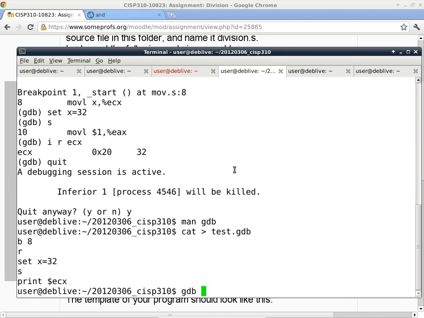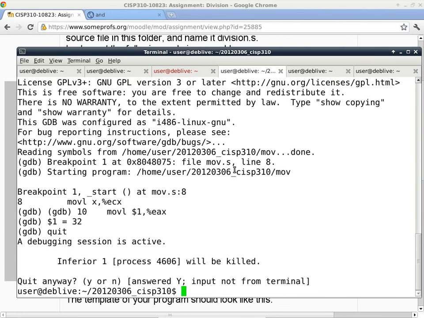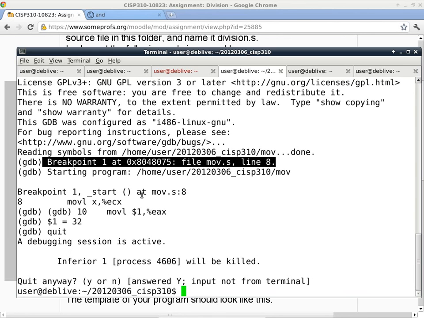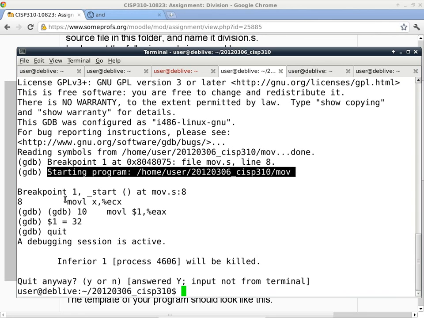So I can now say GDB MOV, which is the name of the executable, and then redirect the standard in from the file called test.gdb. And it does it. It just did it so fast that it took me like 2 seconds to figure out, oh, did it happen? It actually did happen. It did not echo the command itself, but you can tell from the feedback that it set a breakpoint at a certain location, and the run actually started running the program.